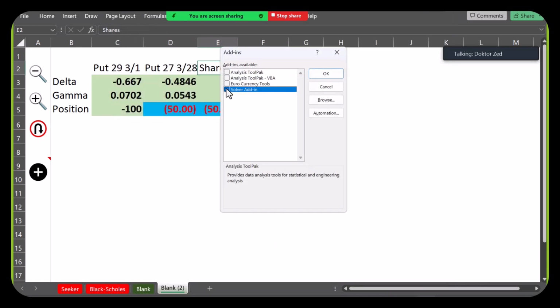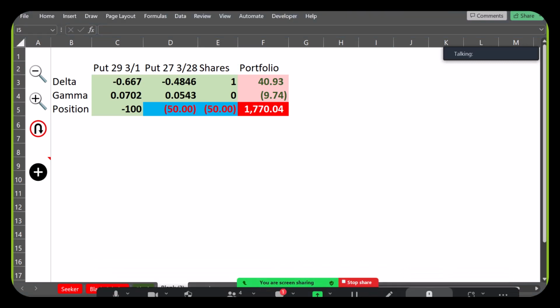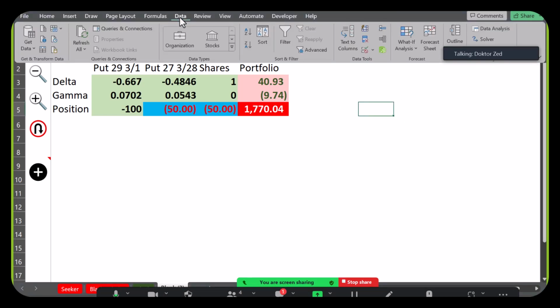Make sure, in fact, I've never had this activated on this new computer, so actually, I have to do it myself. I also use Analysis Toolpak and these two. All right. Go back. Now, under the Data tab, at the very end, you're going to have something that says Solver, okay? And I'm going to hit Solver.